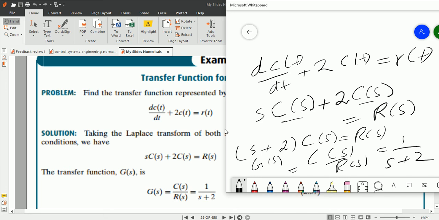Now if you need to obtain c of t, you will have to multiply it here. So that will become C of s is equal to 1 over s plus 2 into R of s. If you have a step input, R of s will be 1 over s.